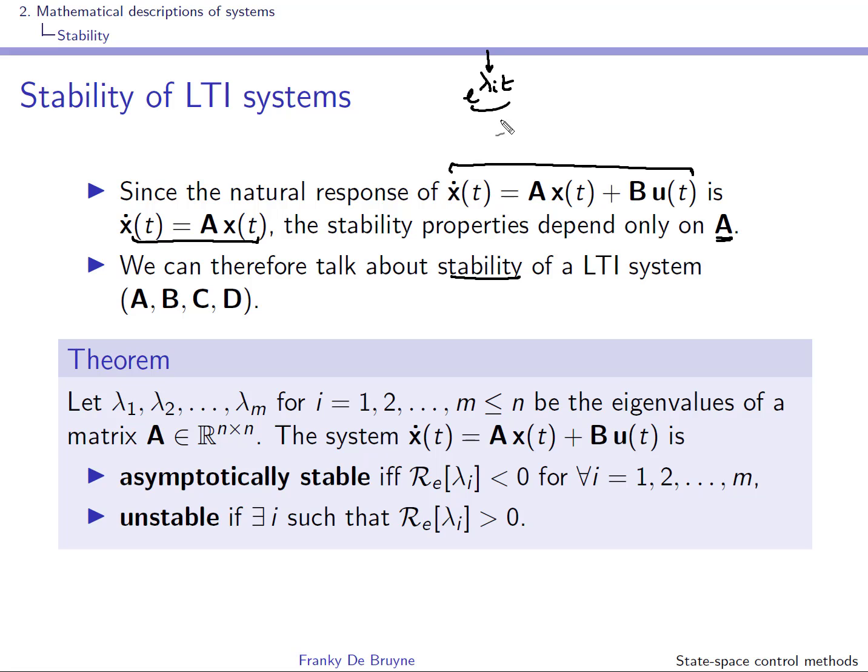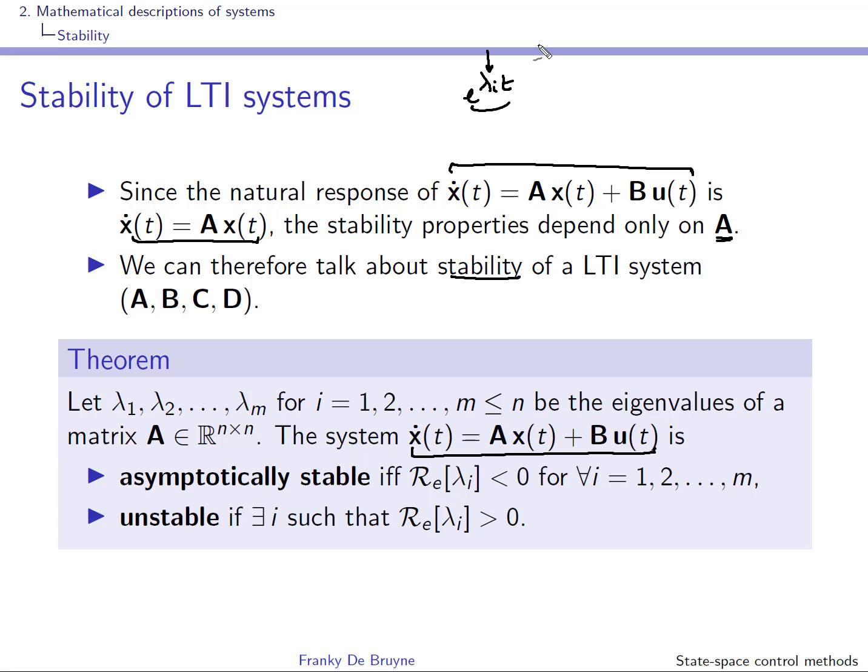And it's obvious from what you see over here and the modes that you've got here, that if the eigenvalues of A are lambda 1 up to lambda m, well, the corresponding system with the state equation shown over here is asymptotically stable if and only if all these eigenvalues have a real part that is negative.